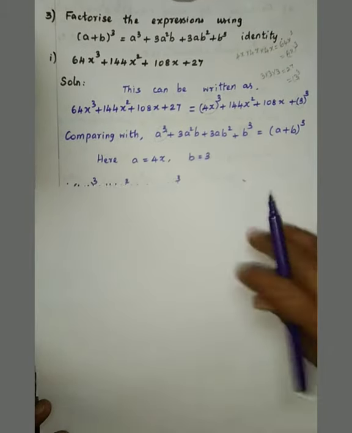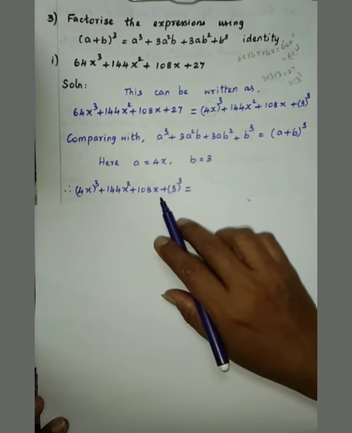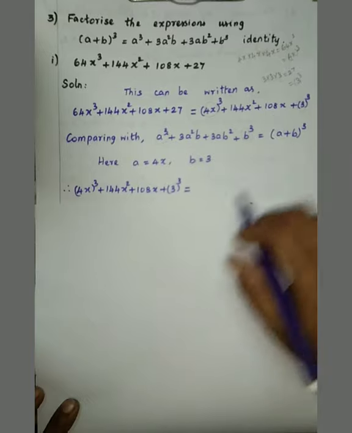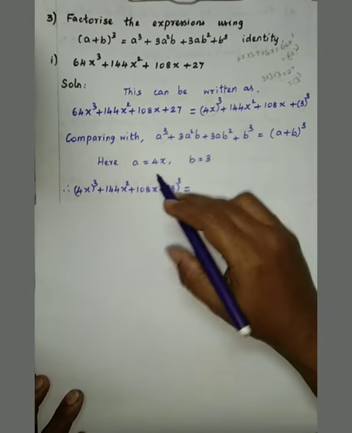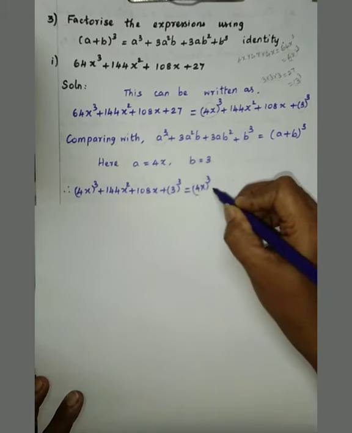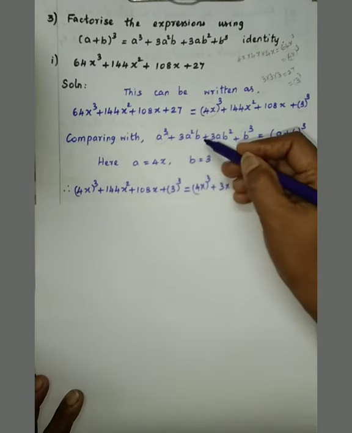Then (4x) the whole power 3 plus 144x square plus 108x plus 3 the whole cube. We are going to check the middle two terms. So this can be written as a cube, isn't it? So a cube means you can write (4x) the whole power 3 plus 3 into a square into b.